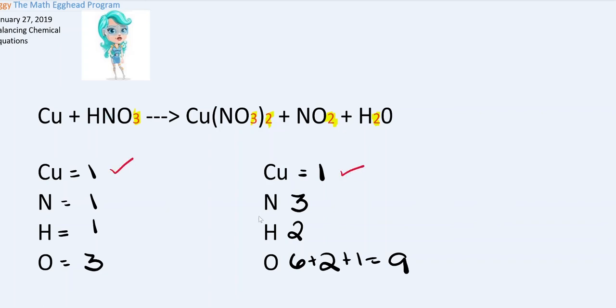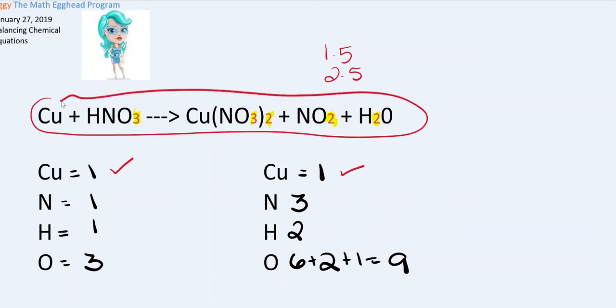We like to deal with the even numbers because when you're dealing with an odd number, chances are the coefficient is going to be a decimal. And we do not want decimals as our coefficient. So as you can see here, 1.5, 2.5, for example, those would be coefficients where we would need to multiply the entire equation by 2 in order for our coefficients to be a whole number.